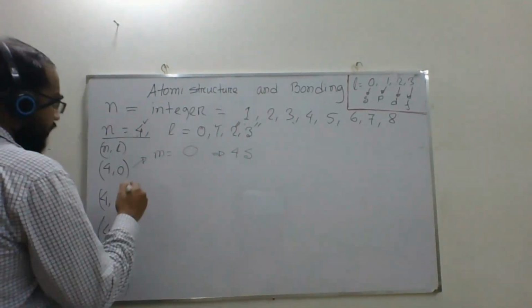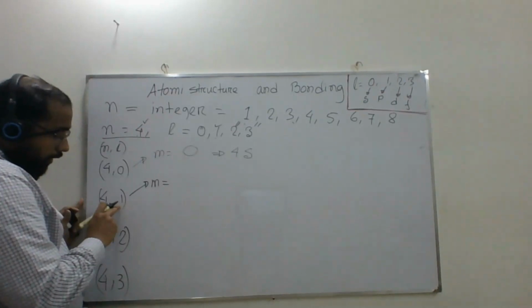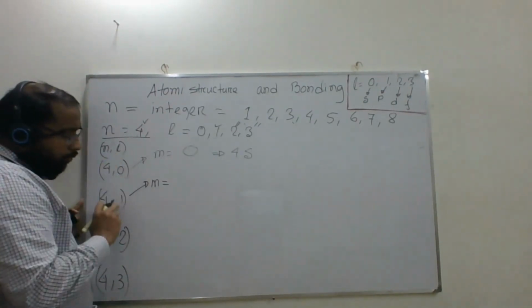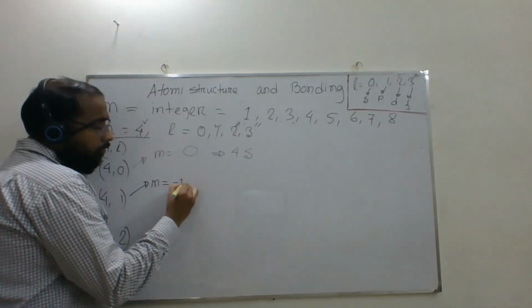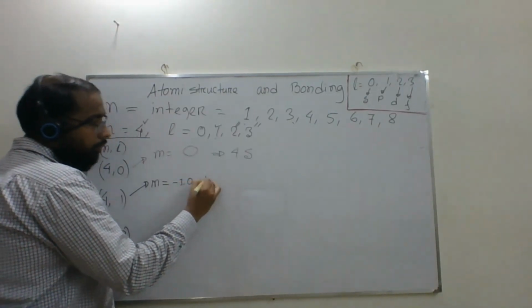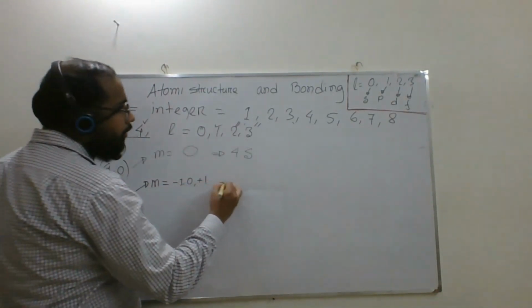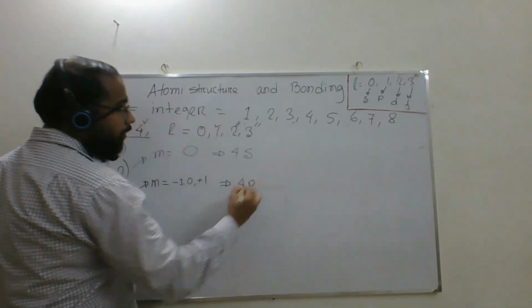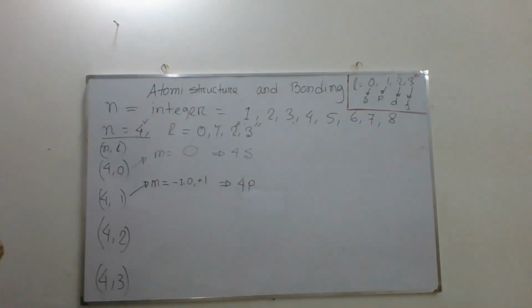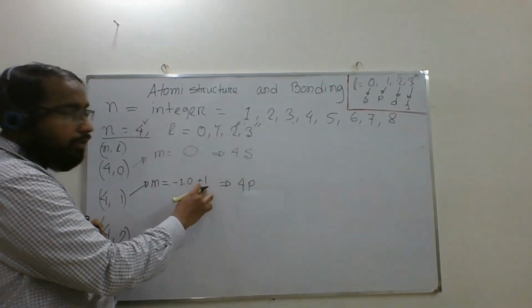Again, for this one, l equal to 1. If l equal to 1, then m equal to -1, 0, +1, and this represents the 4p orbital. Now, how many subdivisions in the p orbital? 1, 2, 3.